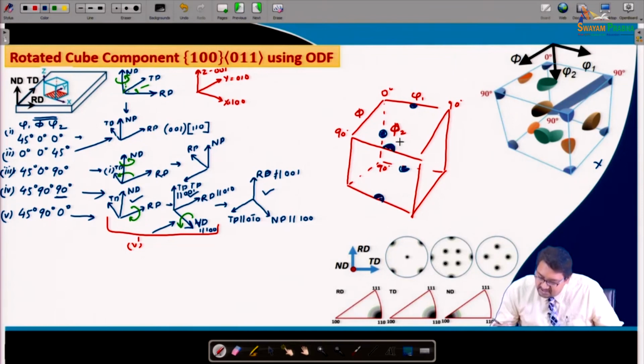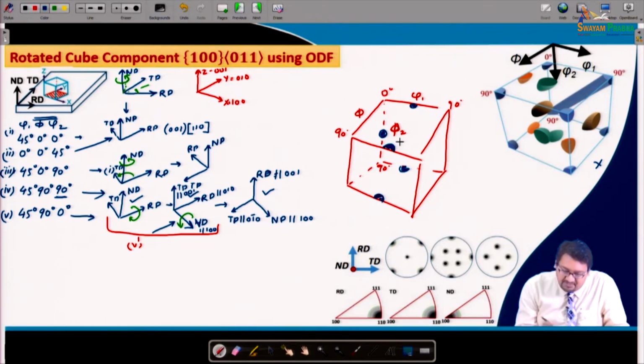So, you see that we have found 5 positions, and now we have to find the one which is a little tricky. In this case, we have to give a rotation of 90° along phi 1. So, we take this particular thing and then give a 90° rotation along ND.